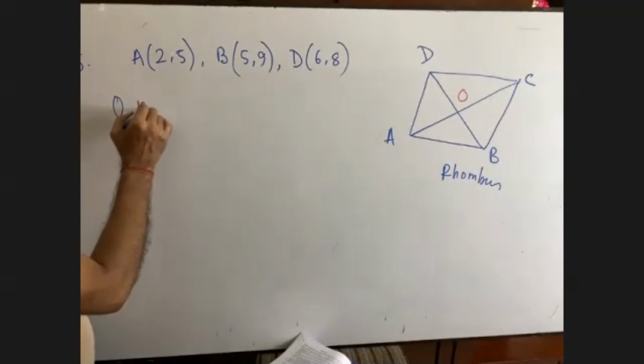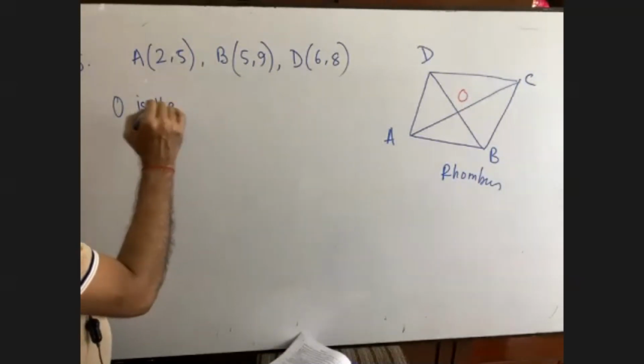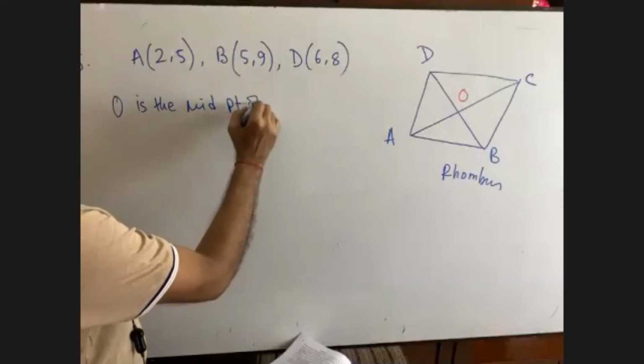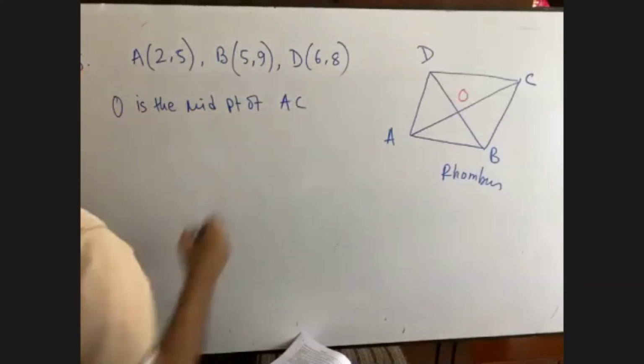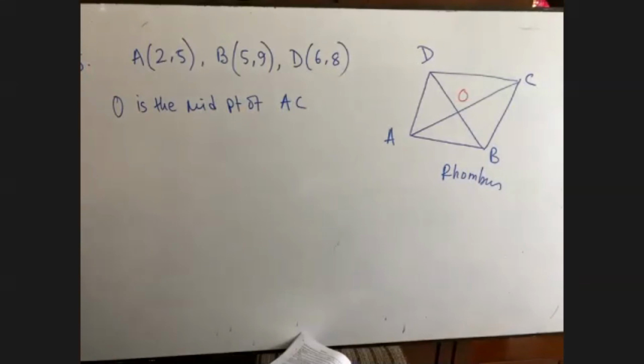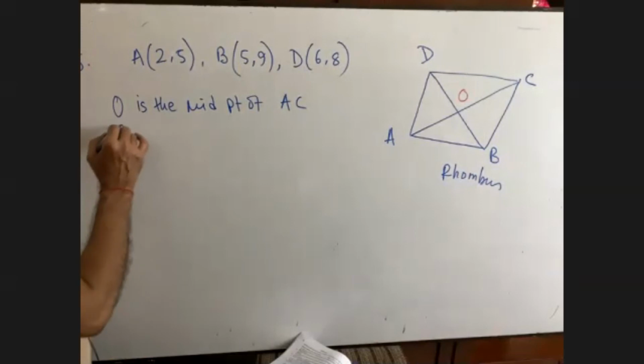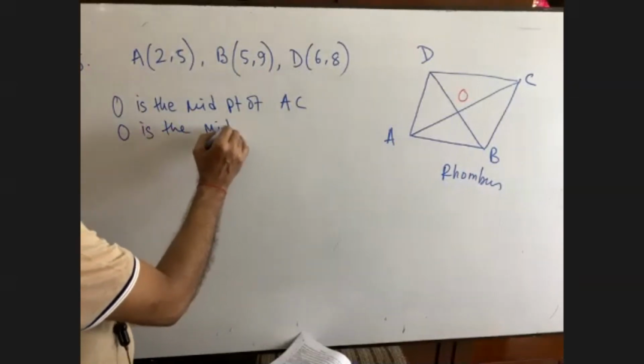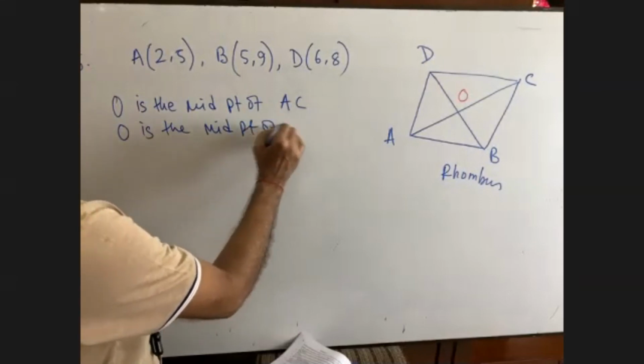O is the midpoint of, you see, the diagonals are bisected. Again, O is the midpoint of BD.